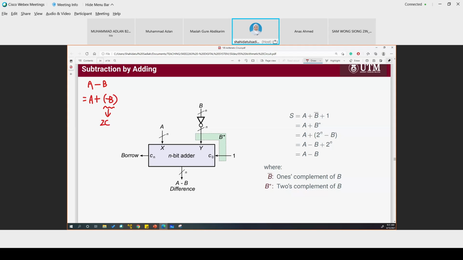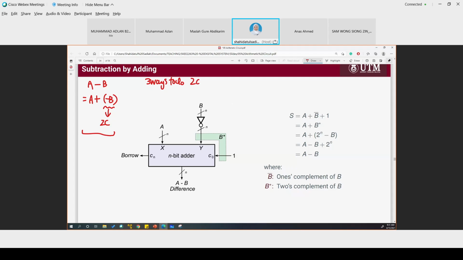For the 2's complement, we actually have three ways to do it.